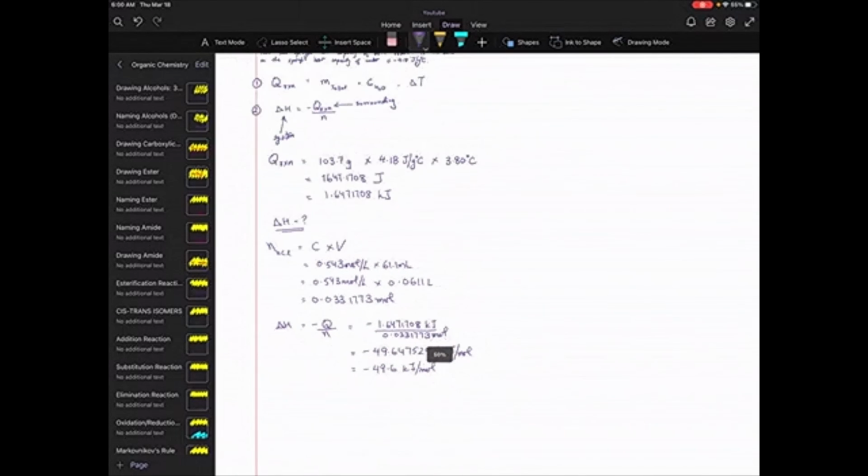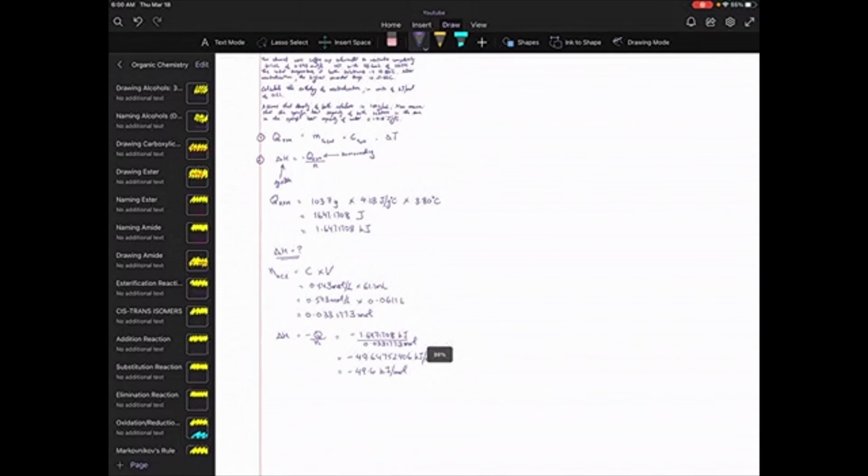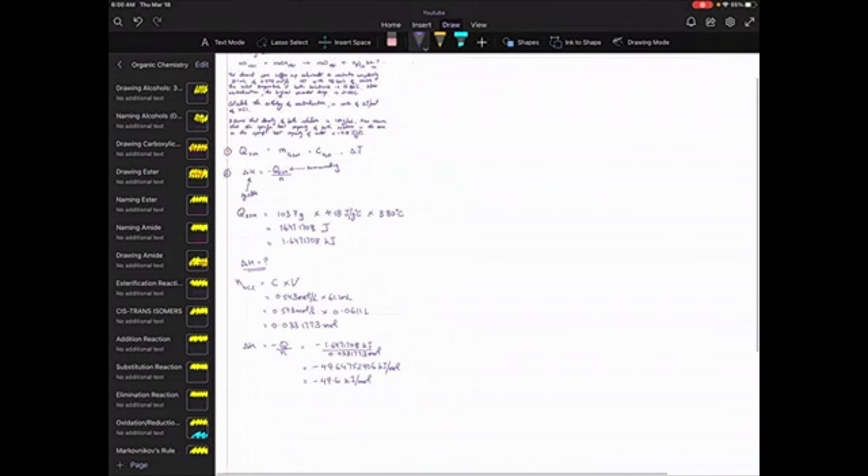Right. So we have found the delta H for the reaction that was given to us. So we're going to write it down. Finally, we have an equation which is HCl (aq) plus NaOH (aq) reacted to produce NaCl (aq) dissolved in water plus H2O, which is a liquid, with the delta H value equal to negative 49.6 kilojoules.